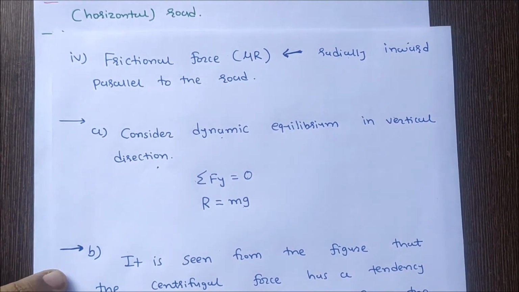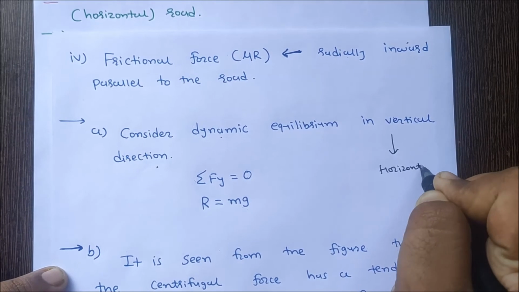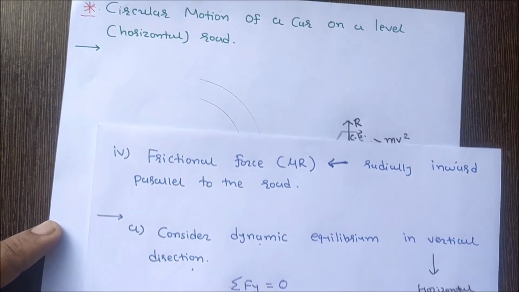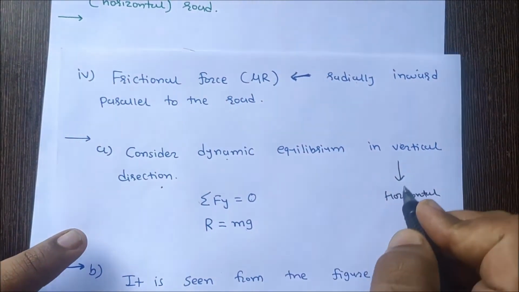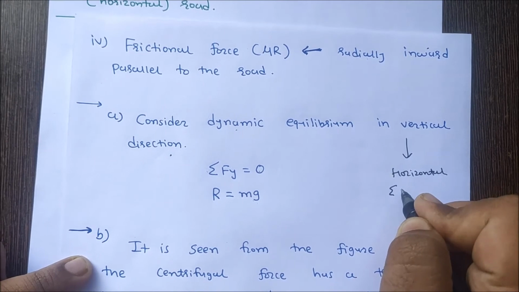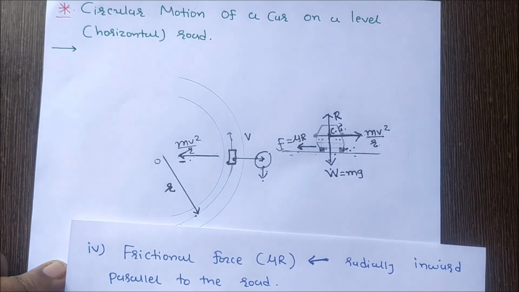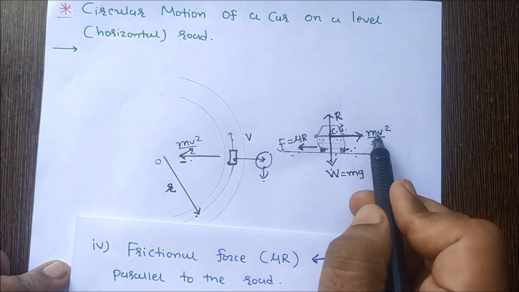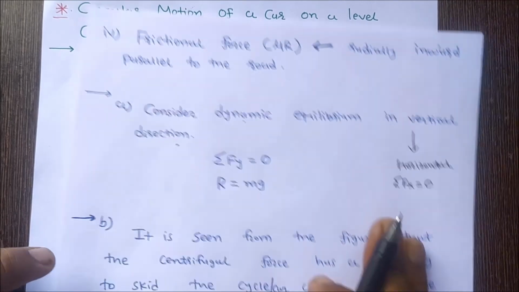Now consider dynamic equilibrium in the horizontal direction. What is the condition for dynamic equilibrium in the horizontal direction? The algebraic sum of horizontal forces is 0. That means left side force summation is equal to right side force summation. So mv squared by r is equal to mu R. That is the second condition.